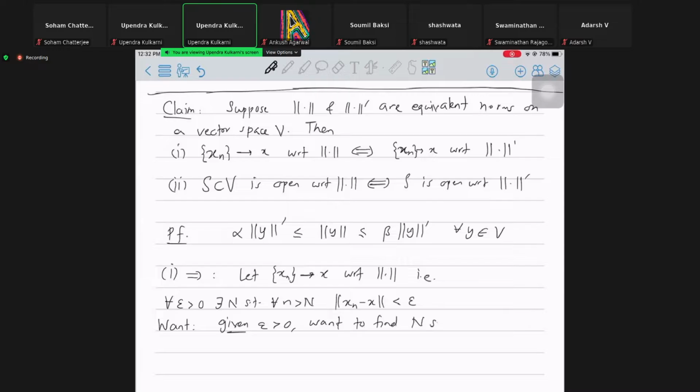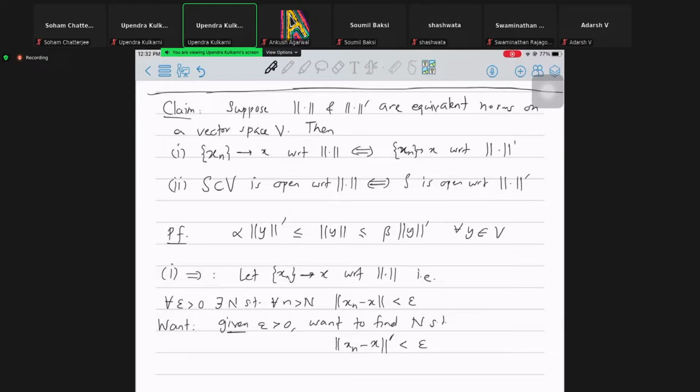We want to find N such that for all n greater than N, the same thing happens. The only thing that is different is that it is not this norm, but that one.